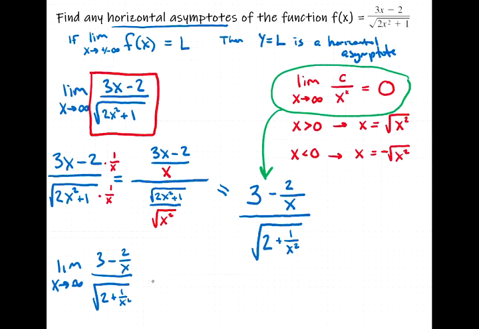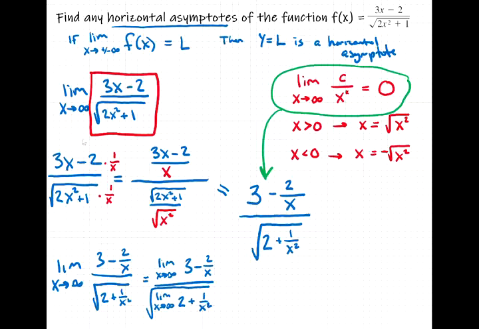Well, we could split that up into two limits: the limit as x goes to infinity of the numerator over the limit as x goes to infinity of the denominator, and we could actually bring that square root out of the limit. 2 plus 1 over x squared.